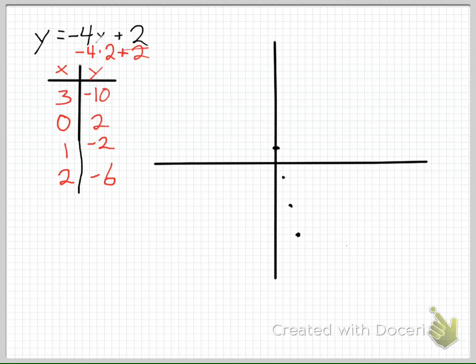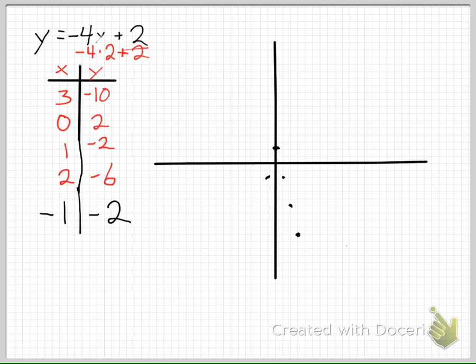If I had another value, like let's say I put -1 on here, and then I did -1 times -4, and I said that was -4 plus 2 is -2, and I graph -1, -2, is that on the same line? No. Okay, so the nice thing is, you know if they're not on the line, that you messed up in filling out your t-table. So if they don't lie on a straight line, then that tells you somewhere you made a mistake, so you can go back and check your math.